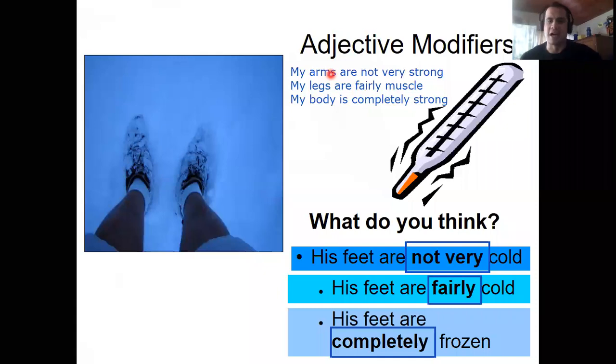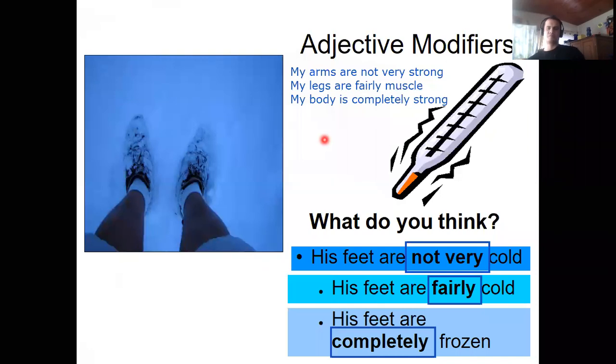Very good. And the number 2, my legs are fairly muscled. Tell me, Matías Rebolledo. Matías, hello. ¿Está por ahí, Matías? Hello, Matías. The number 2, my legs are fairly muscled. Muscle es como musculosas.